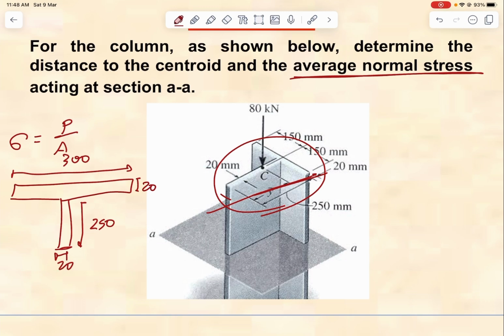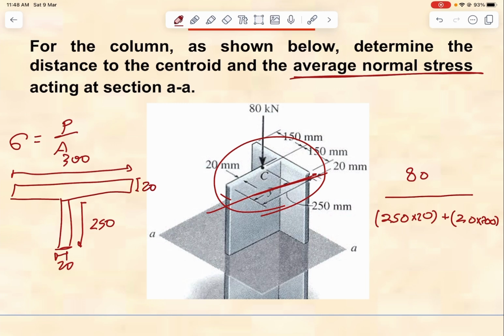So I can think of it as a composite shape. The area, the first one, will be 250 times 20 plus 20 times 300, and the pressure on it is 80.